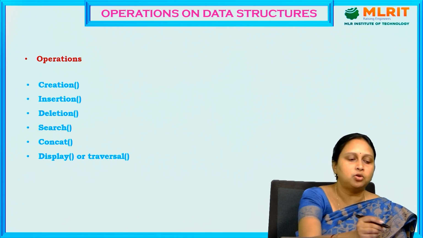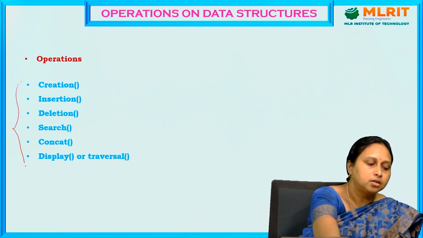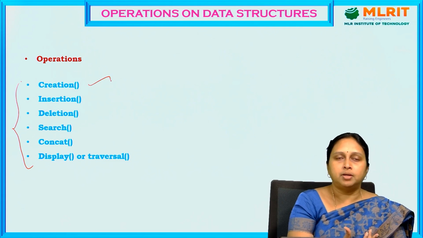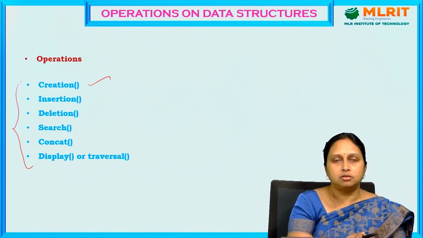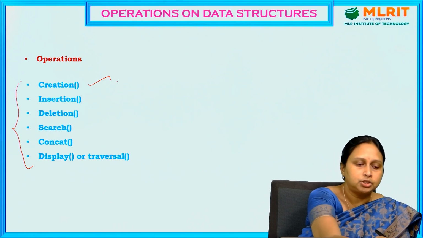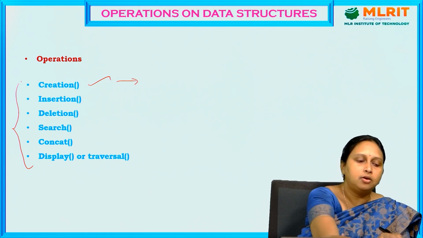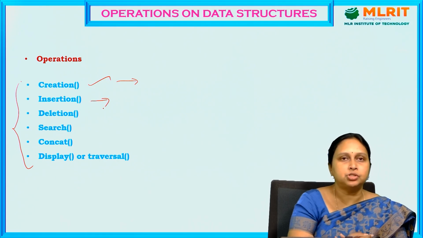These are the different operations we can perform. We can have the creation, where a particular node or a particular vertex will be created based on the data structure you have selected, right? Creation is nothing but we are going to create a particular node or vertex. And we are going to have the insertion.